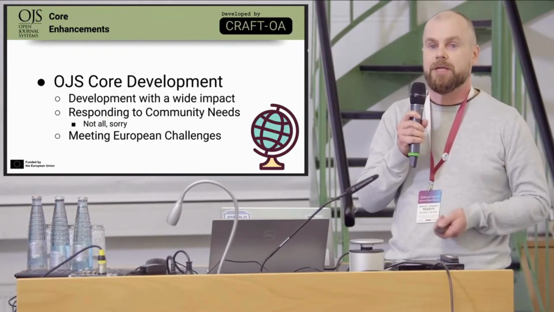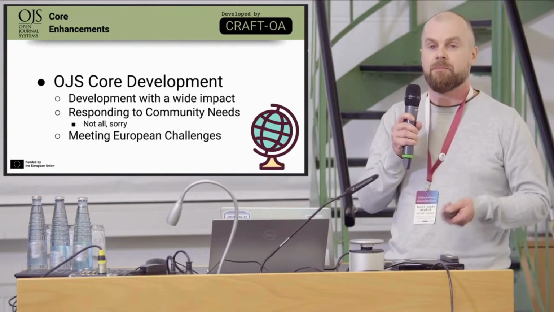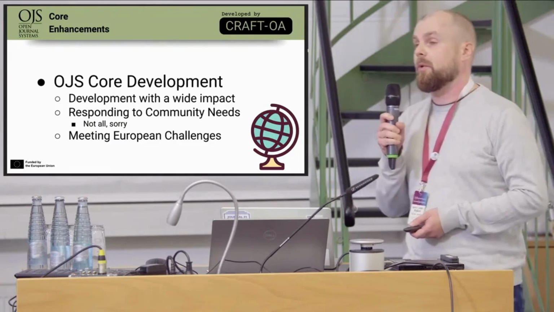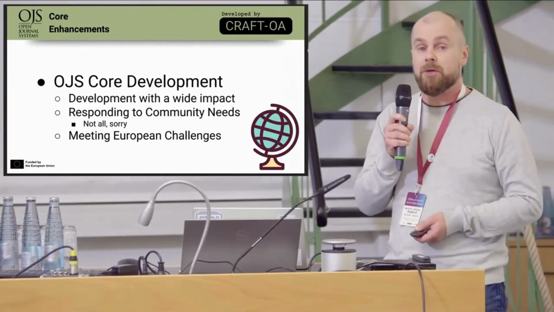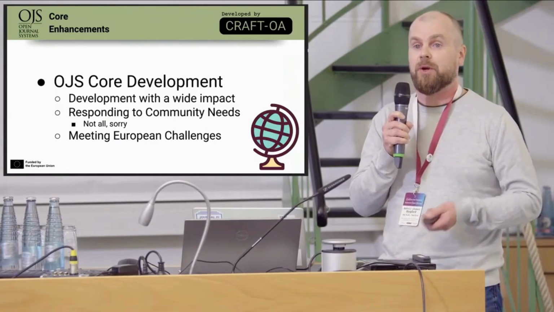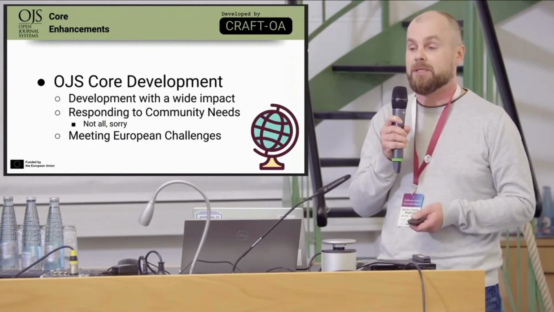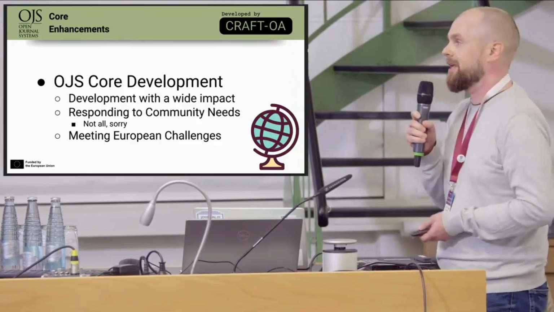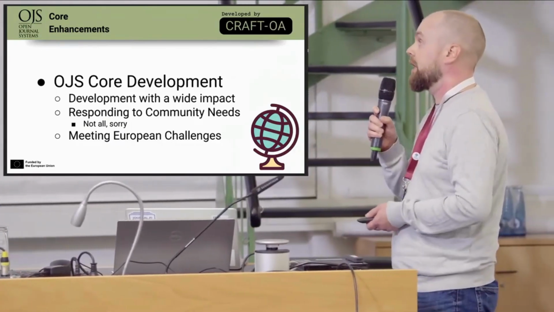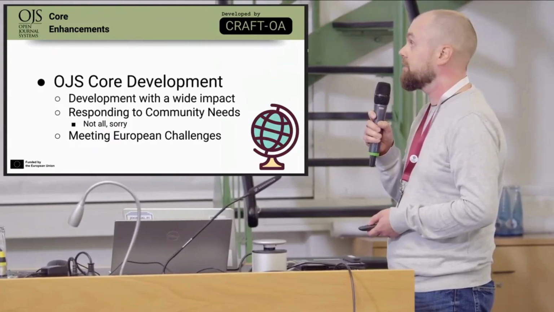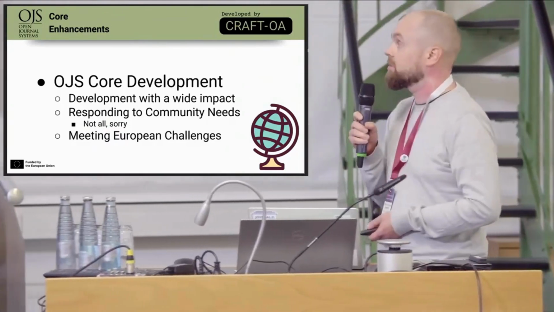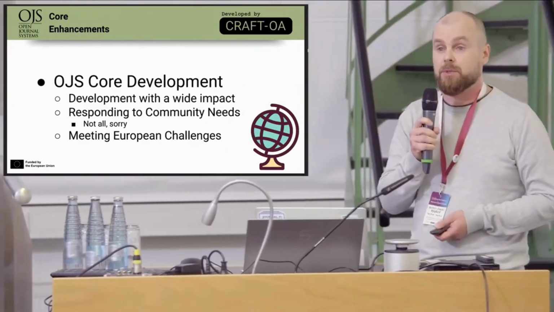We wanted to find things that have been requested many times by the community and chose a lot of things based on the PKP roadmap. So basically a development roadmap that PKP is maintaining, listing the most important things that they think should be part of OJS.